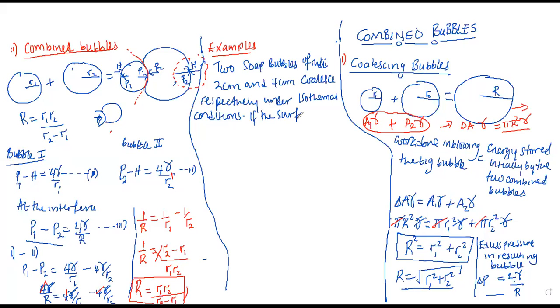The surface tension of the soap solution is 2.5 times 10 power negative 2 newtons per meter.